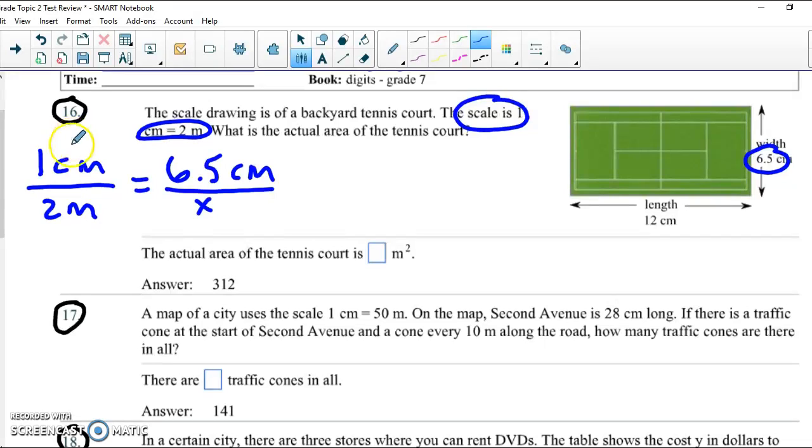Now I see that to turn 1 centimeter into 6.5, I need to multiply by 6.5. Whatever I do on top, I have to also do on the bottom. And when I double 6.5, I get 13. So that means that the actual width is 13 meters.